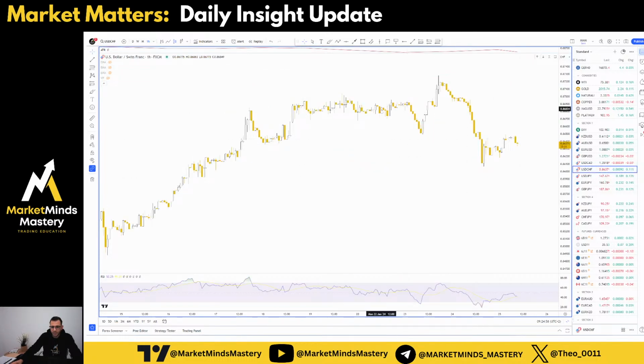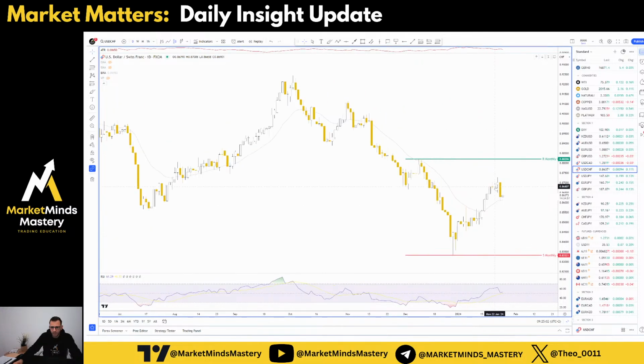Next one, USD Swiss franc gained some strength, the Swiss yesterday. And for new traders, or for people who don't know it, Switzerland is one of the countries that keep the vast majority of gold bars in their vault.